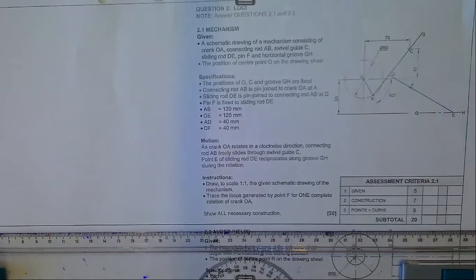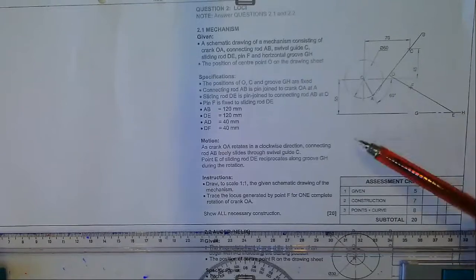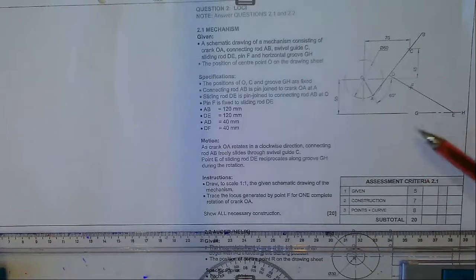Then we have the sliding rod DE, from point D to point E. If it is said to be sliding, I will explain that, it basically means it is moving to and from along a specific path. It could be a groove, it could be just a general path.